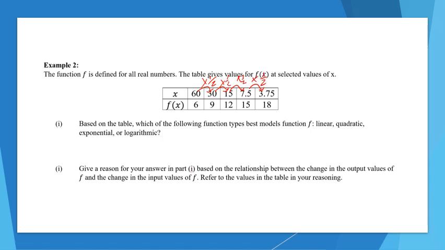And then you would get a calculator. So 7.5 to 3.75 is times 1/2 or divided by 2. Now let's take a look at our inputs, right? Our outputs are equally spaced. Plus 3, plus 3, plus 3, plus 3. And so this is going to be a logarithmic function.